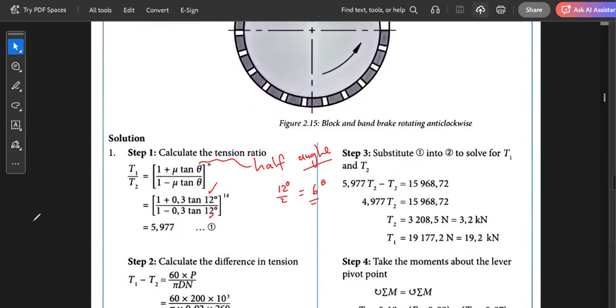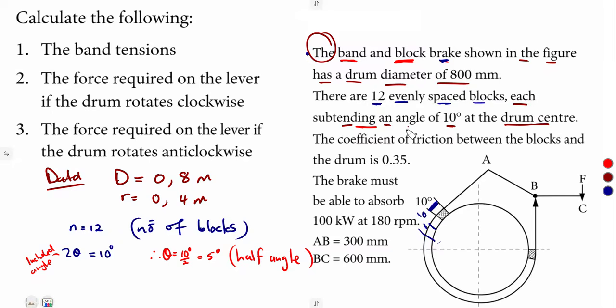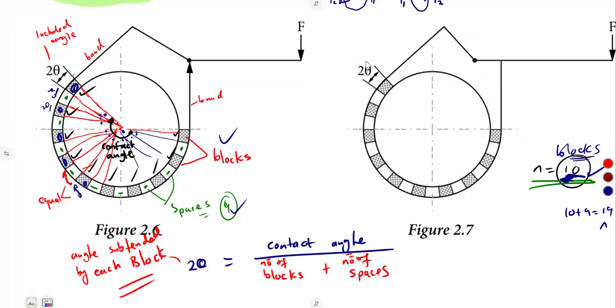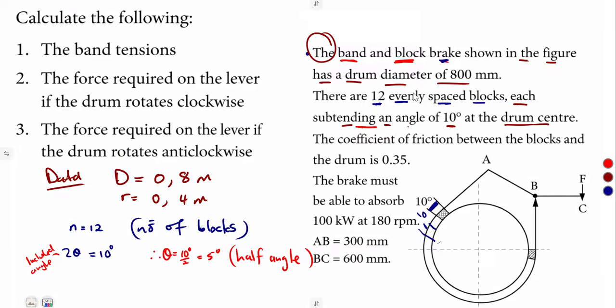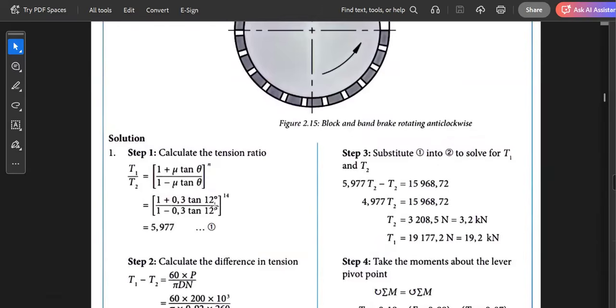According to our introduction, each of these is referred to as 2 theta, so we must divide by 2, exactly as on our question here, where we had 10 and had to divide by 2. They never divided that one by 2.